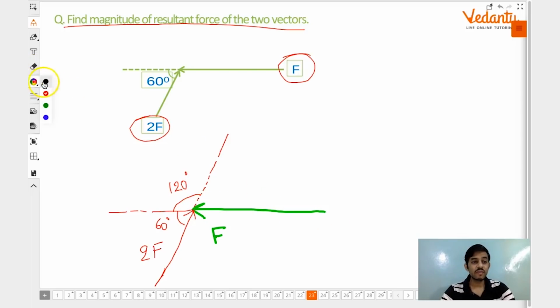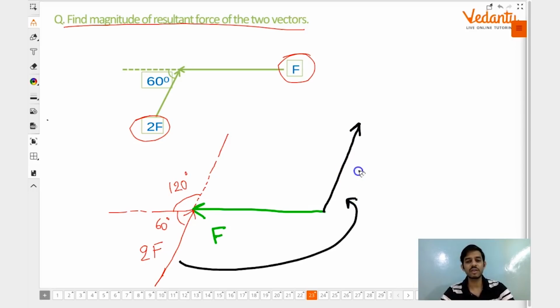So if you shift this 2f vector above and then parallelly move it here, what we are doing is 2f vector यहाँ से shift होकर इधर आ गया. Parallel shift कर रहे हैं, कोई फ़र्क नहीं पड़ता है. The angle between the two vectors will now be defined as 120 degree. क्यों?